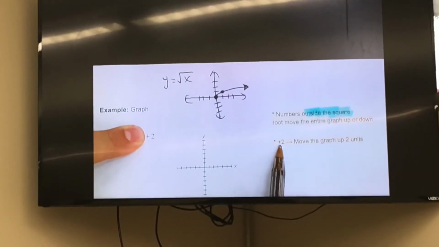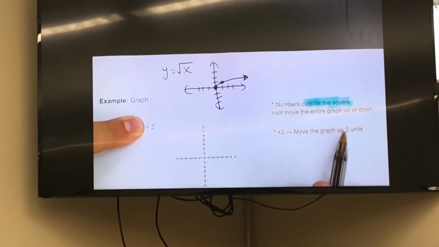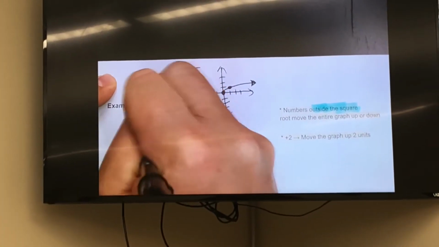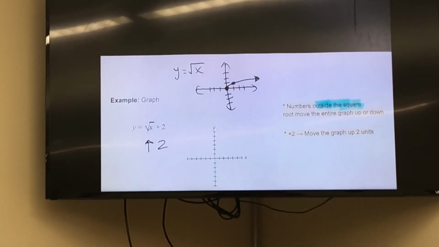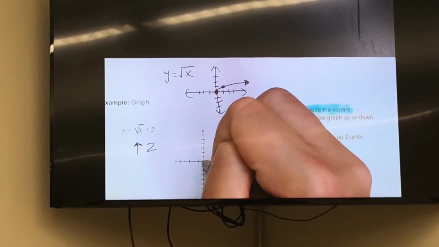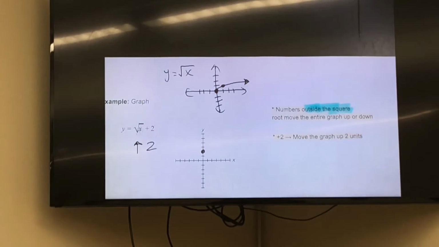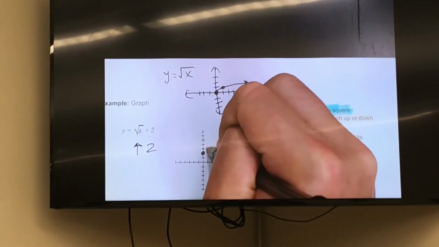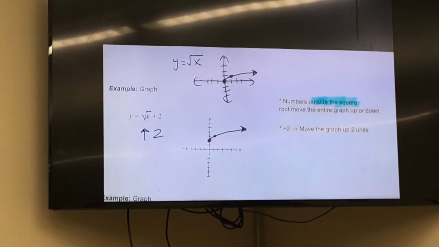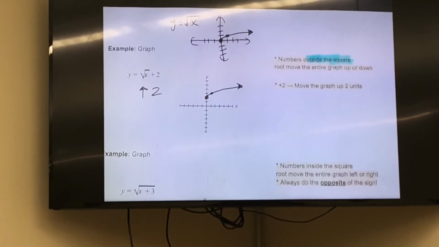So what that is doing, that plus 2 is moving the graph up 2 units. So again, up 2. So that original point was at 0, 0, so it's going to move up 2. And again, up 1 and over 1. And your graph should be looking like that.